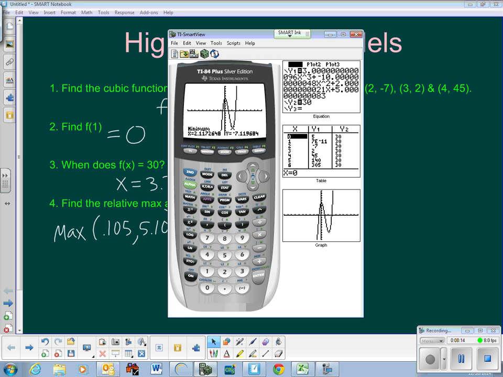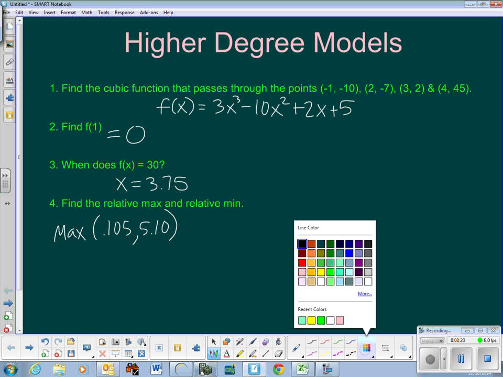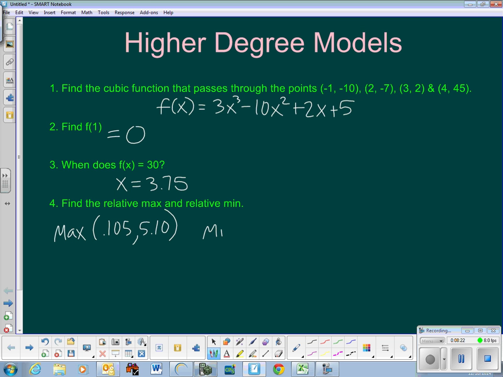So at 2.12, negative 7.12. All right, so that's just something you have to learn to do on your calculator. You'll do this in calculus using something called a derivative, but for now we're just going to use our calculators. So this is basically all calculator exercise.